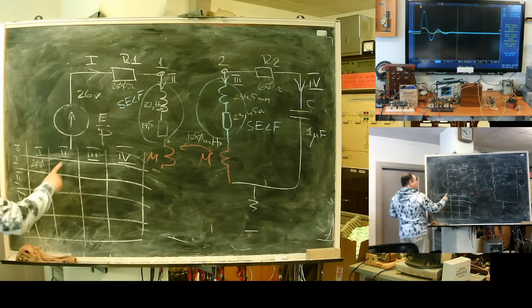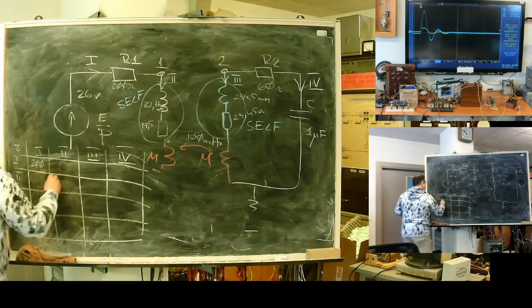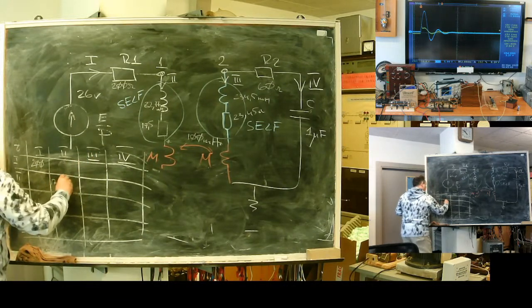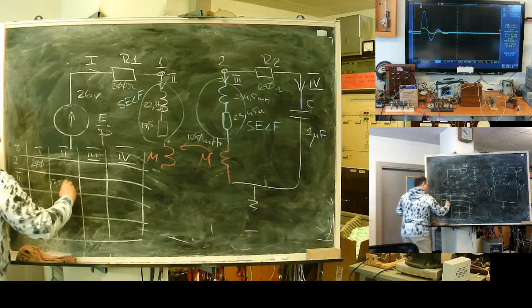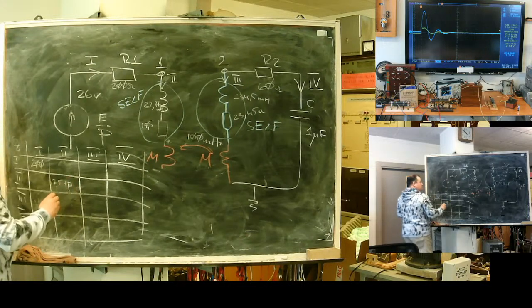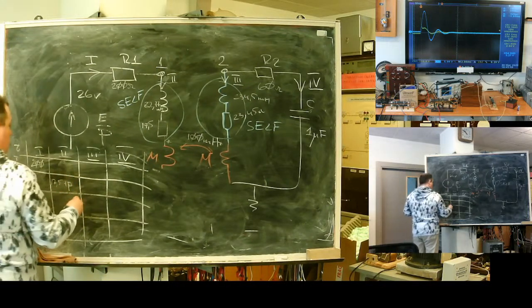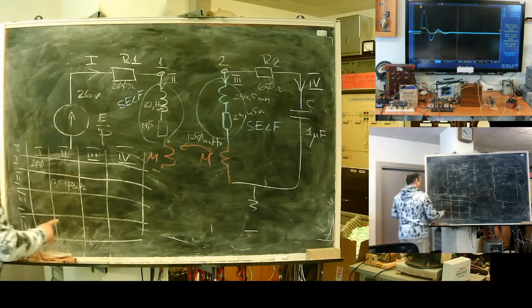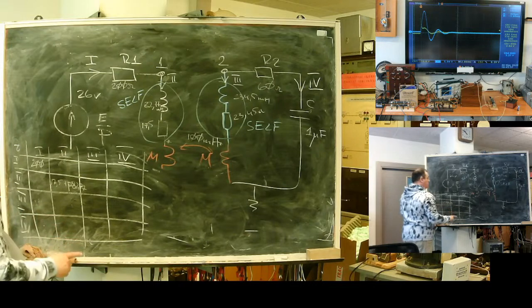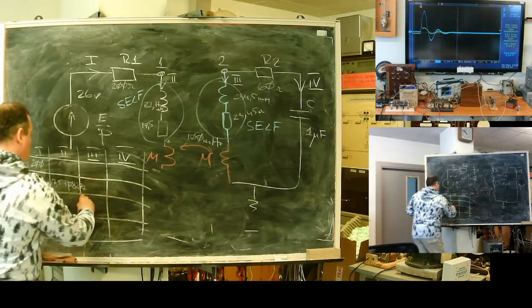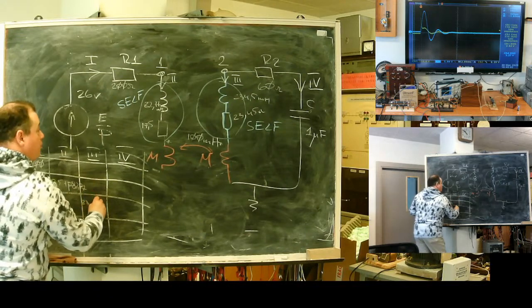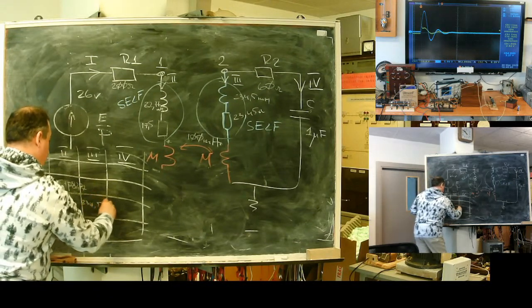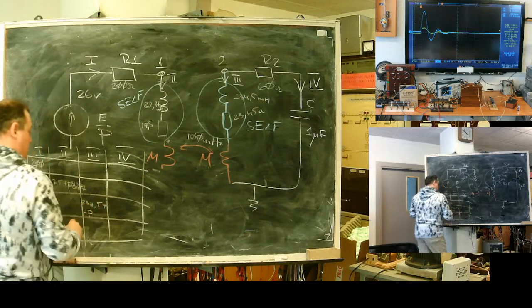Number 2, it will be 17.5 plus P times 82.77. Self inductance for the third, 23.5 plus P.